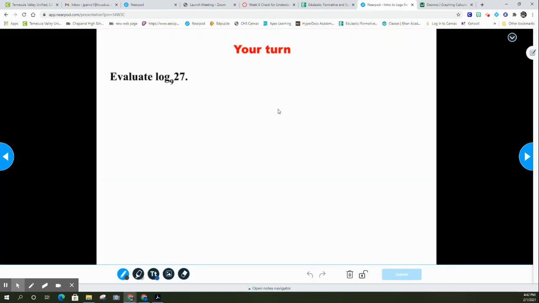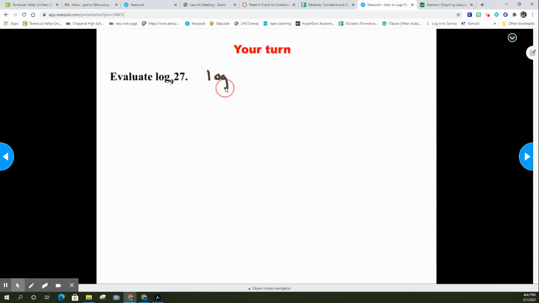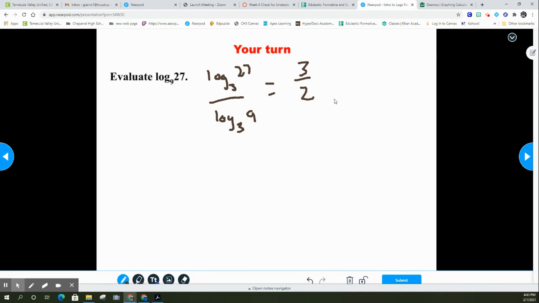You guys will have a second in class to try this, so try that before you watch the video. With this problem here, I could use, again, base 10. But I'm looking at this and I'm thinking I could do base 3 here. I'm going to go log base 3 of 27 over log base 3 of 9. That's going to be 3 over 2, so 1.5.